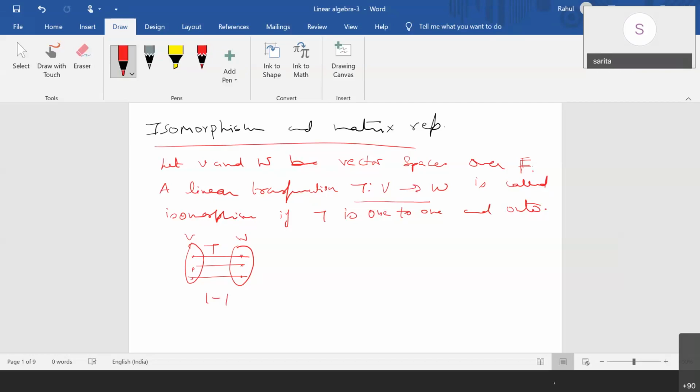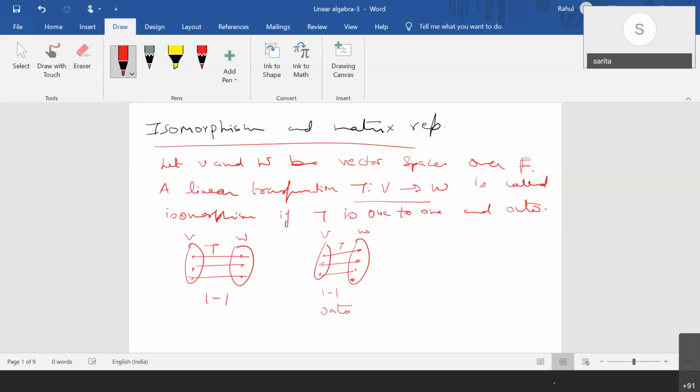And if this is the situation, like if you have 3 elements here and you have 4 here, each element here is mapped, right? But this one does not have a pre-image in V. Therefore, this is 1 to 1, but this is not onto. Now, what is onto?